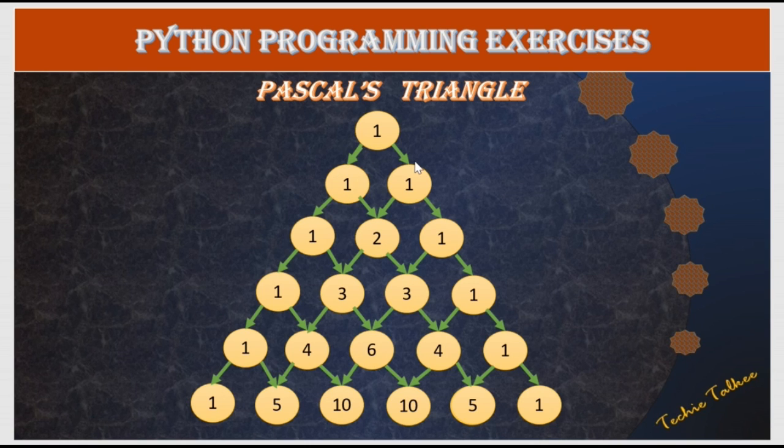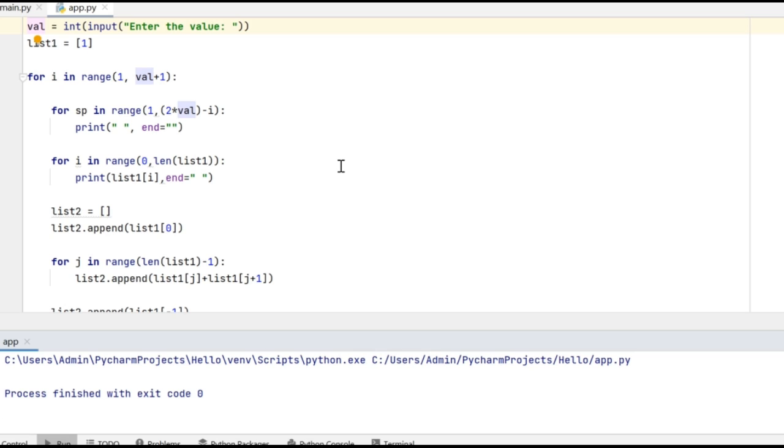After I print the first line, I will have the first list store the values of the second line, and the second list will generate the values of the third line. It keeps going on for the required number of iterations, based on the value entered by the user. This is my Python code.